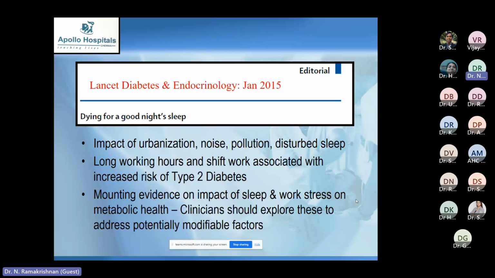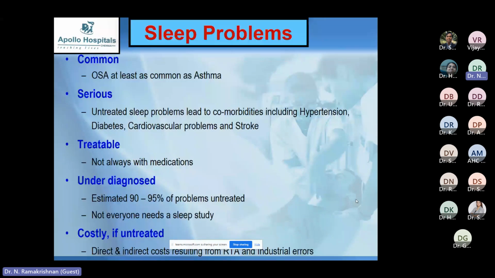There was an editorial published in the Lancet Diabetes and Endocrinology in 2015, very appropriately titled Dying for a Good Night's Sleep, which talked about the impact of urbanization, noise pollution, disturbed sleep, long working hours, and more importantly, shift work, which can significantly affect sleep, being associated with an increased risk of type 2 diabetes. And the authors clearly mention that clinicians should start exploring these factors which are affecting metabolic health and possibly are modifiable, and work on those.